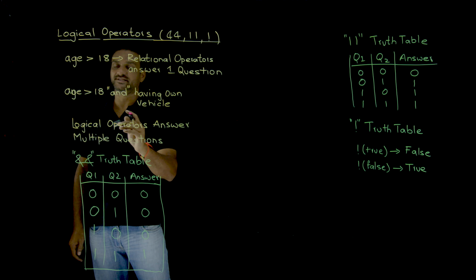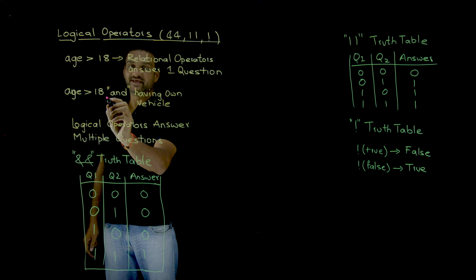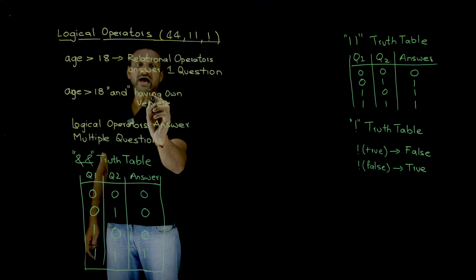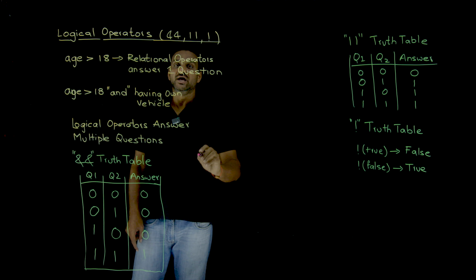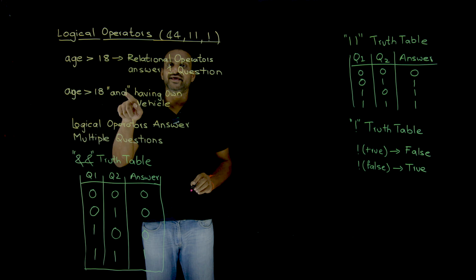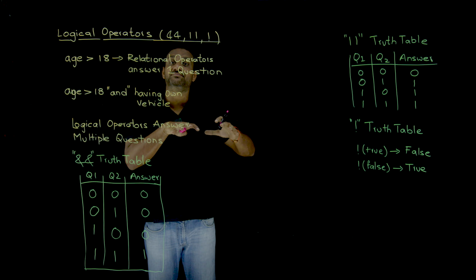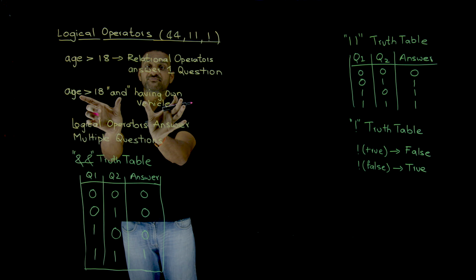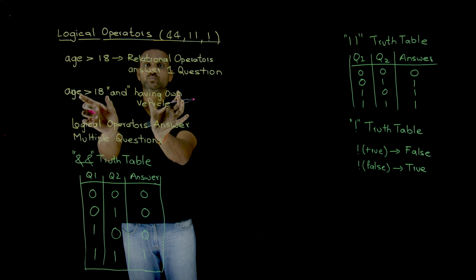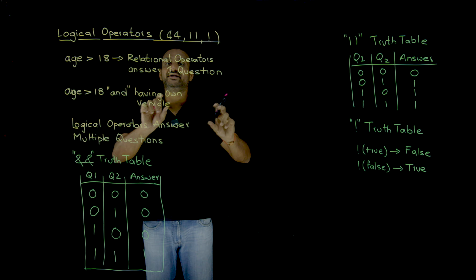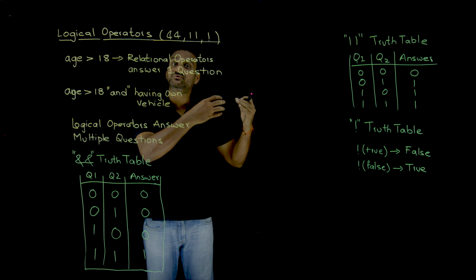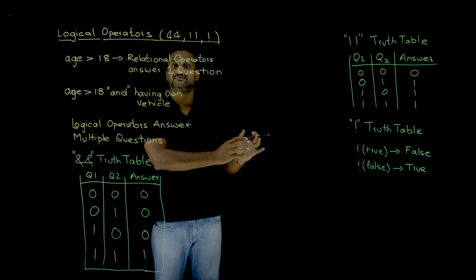Let's try to understand that. Age greater than 18 and have own vehicle. If you have your own vehicle and your age is greater than 18, then only you can attempt. If both these answers produce an outcome of true, then only you take an attempt for your driving test.